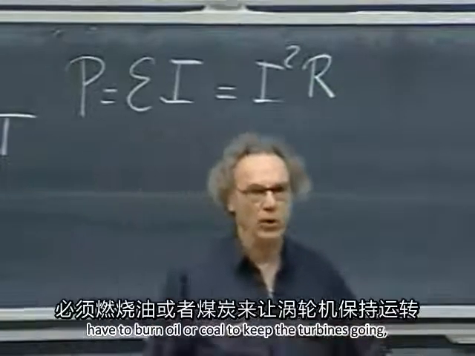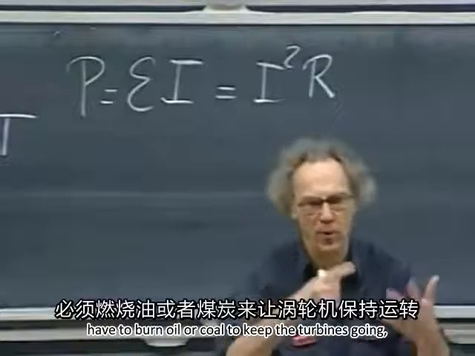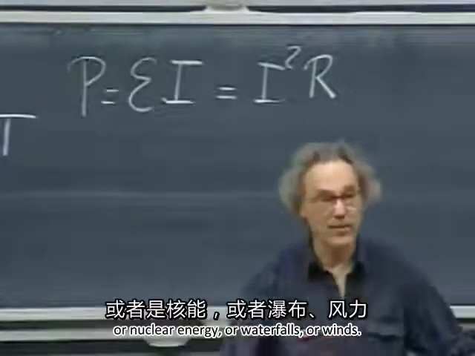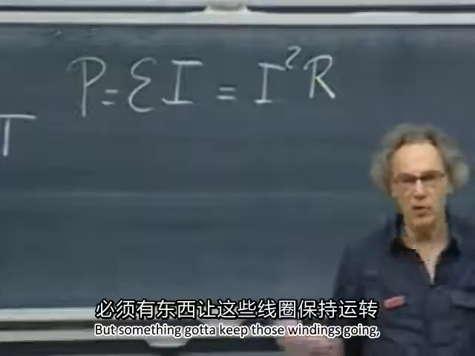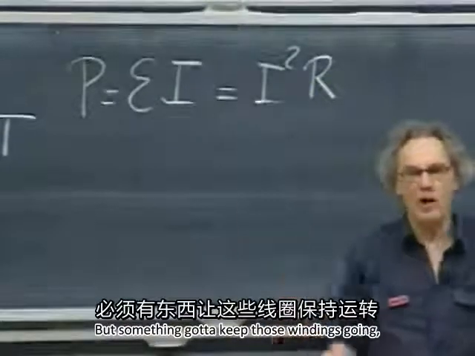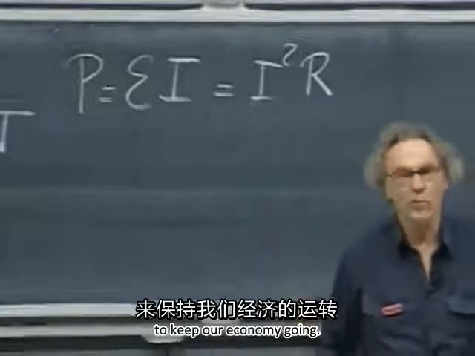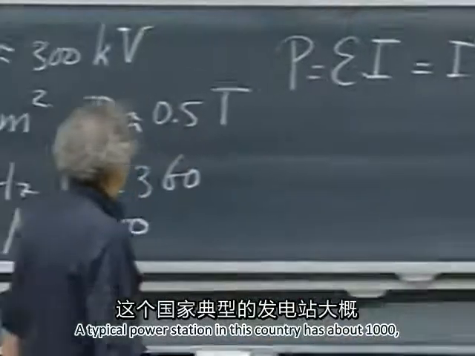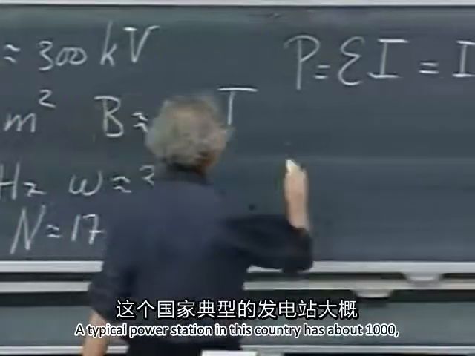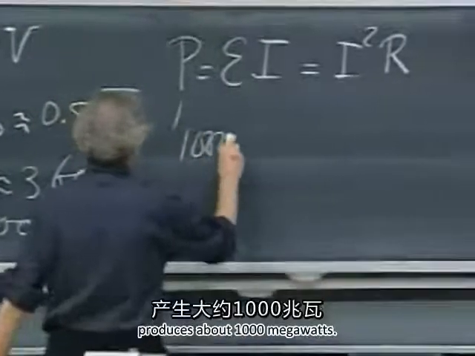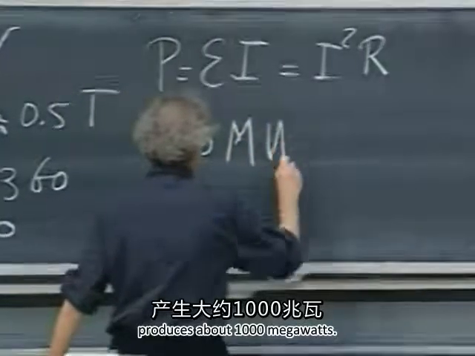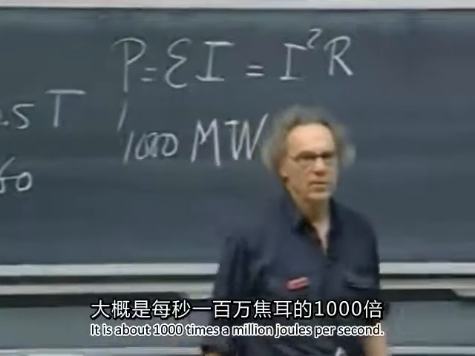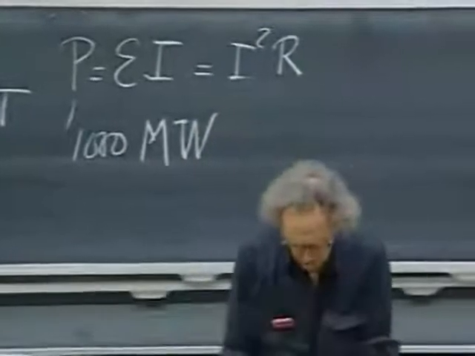You have to burn oil or coal to keep the turbines going, or nuclear energy, or waterfalls, or wind. But something has got to keep those windings going, to keep our economy going. A typical power station in this country produces about 1,000 megawatts, which is about 1,000 times a million joules per second.